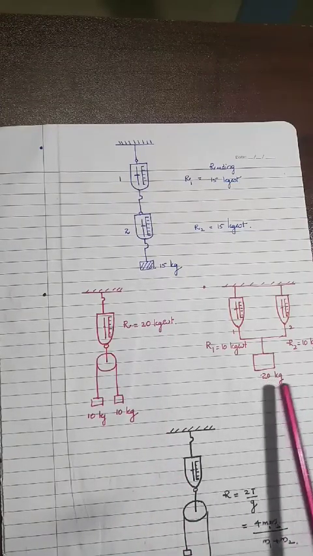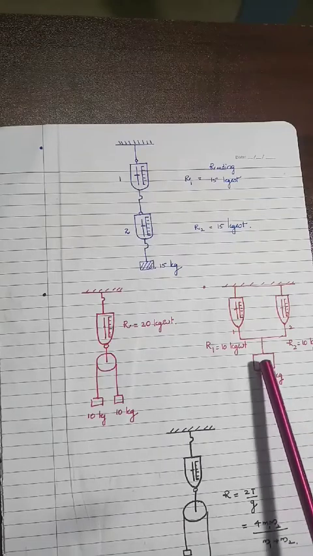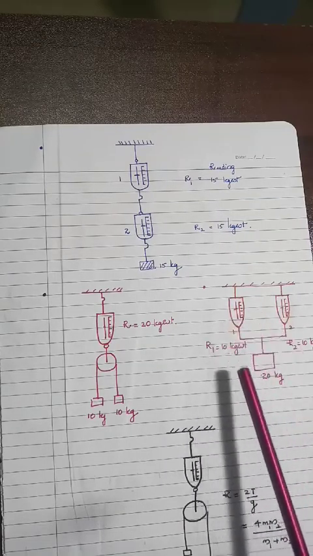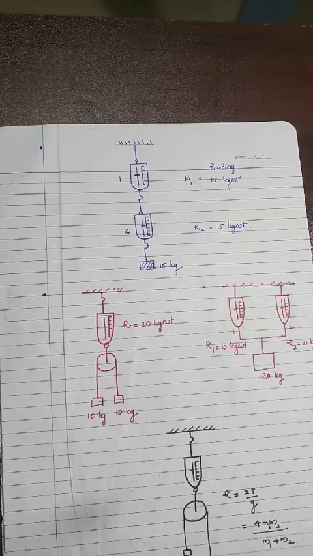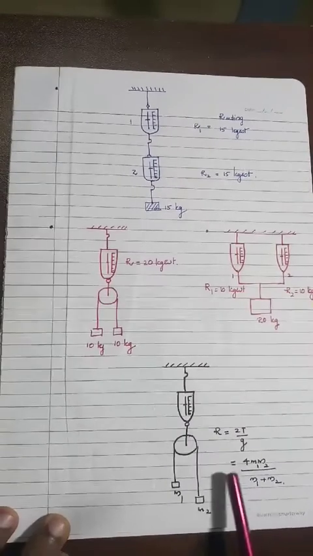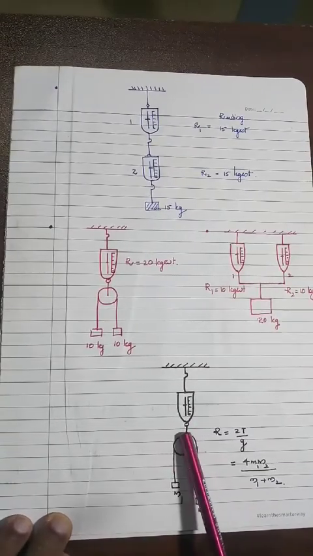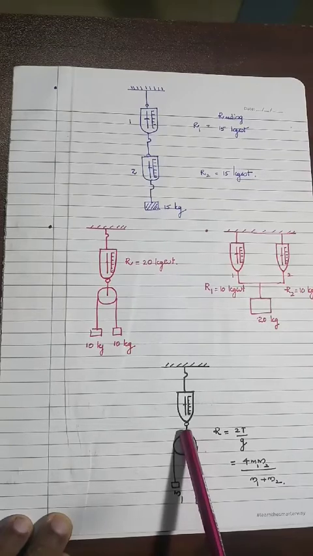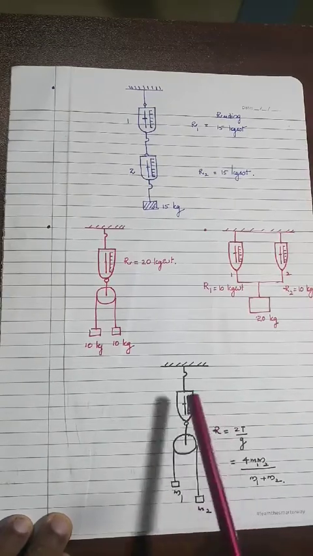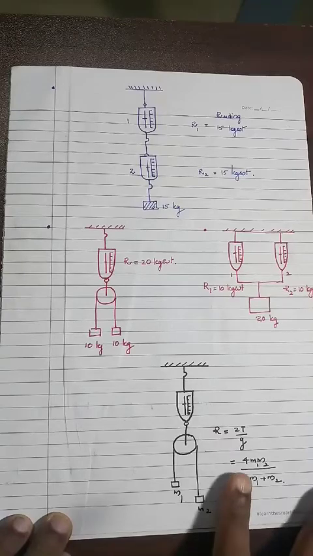But here this is 20 kilogram, but it is divided into two, therefore 10 kilogram weight. Then what is the case here? You know, for a pulley system from the last video, what is the tension here? So in this case it becomes 2T, and double T by G is the reading. A good question.